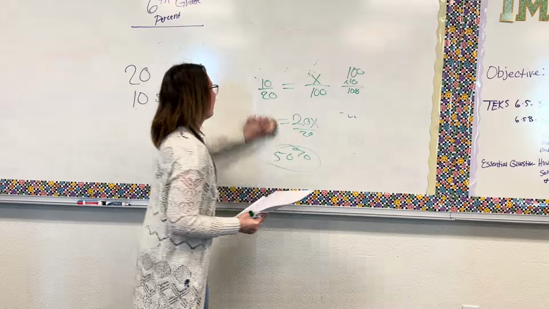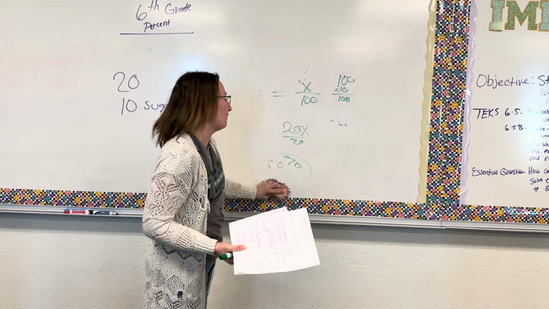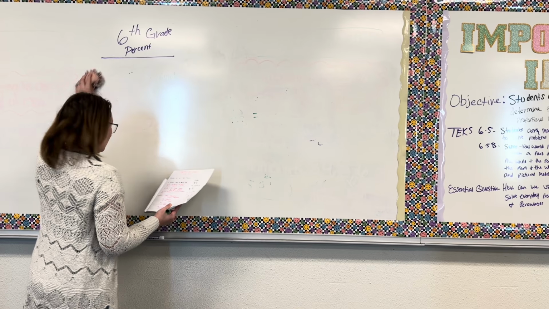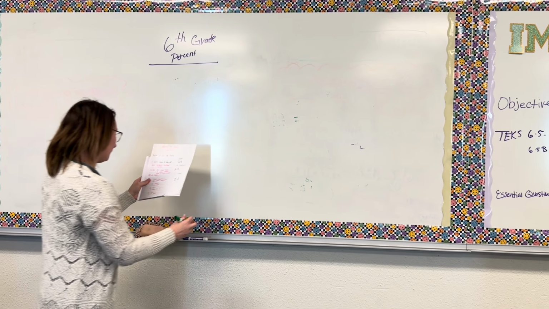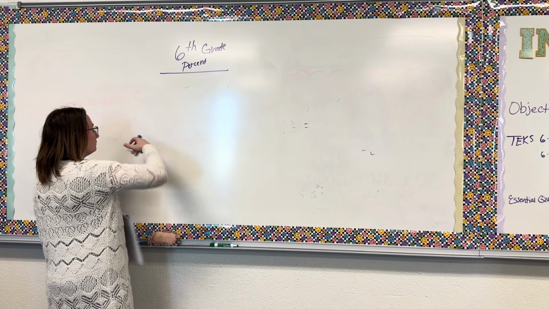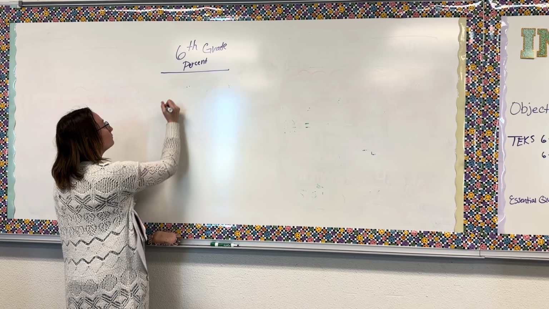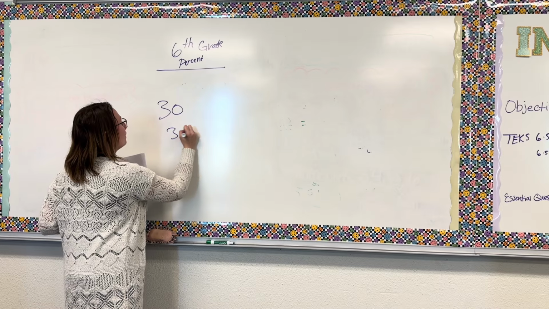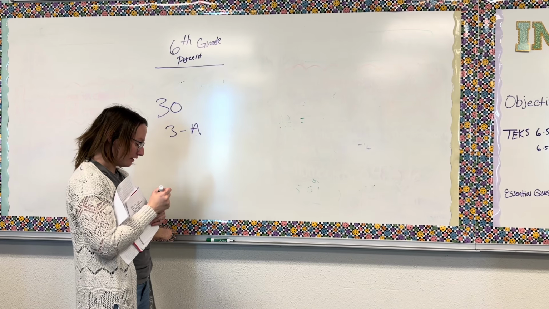Let's do one more where it's not that easy, because we all know that 50% is half. Let's go with, we have 30 kids in a math class. And 3 of them made an A. Now let's set that up.